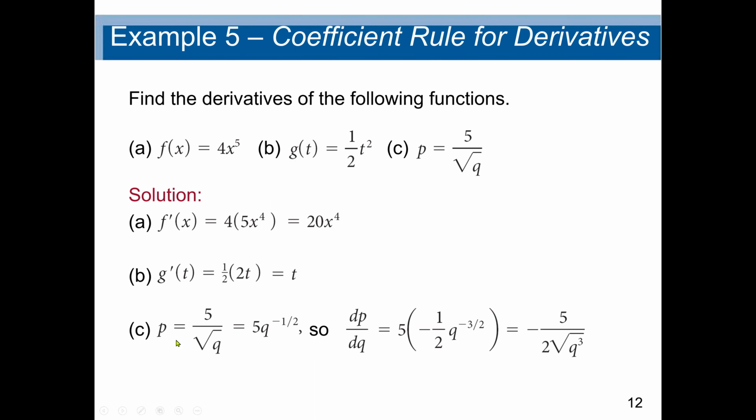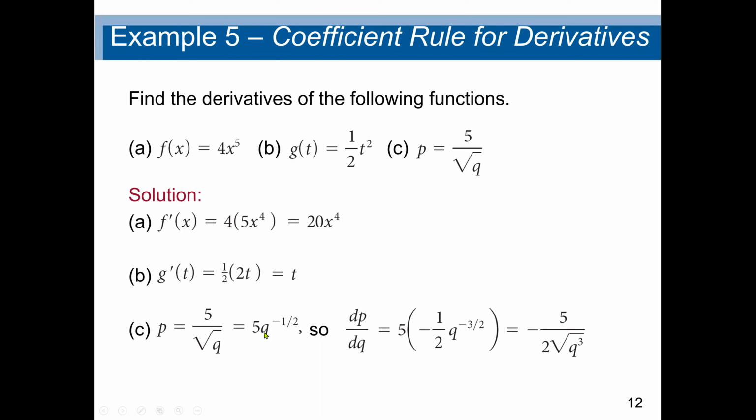The same thing applies to this last question. Q is in the denominator, and it's a square root. So we can bring it up and have q to the power negative half. And that's what we have here. We still have our 5, we didn't touch it. We just bring the square root of q up, which is q raised to the power half.